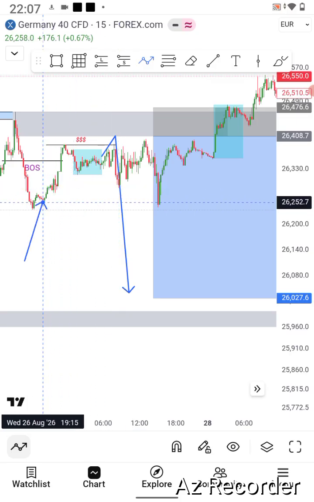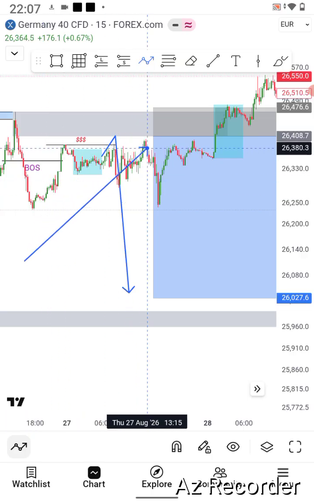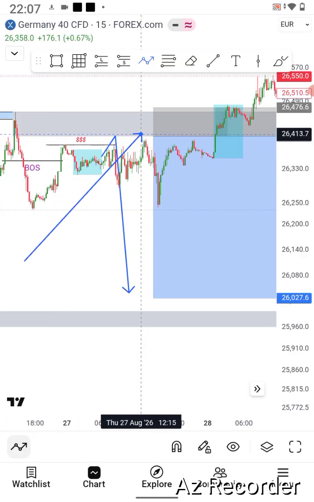Immediately I saw this, I went straight ahead to delete my pending order, because I've explained before a very easy way to differentiate between reversal and retracement.